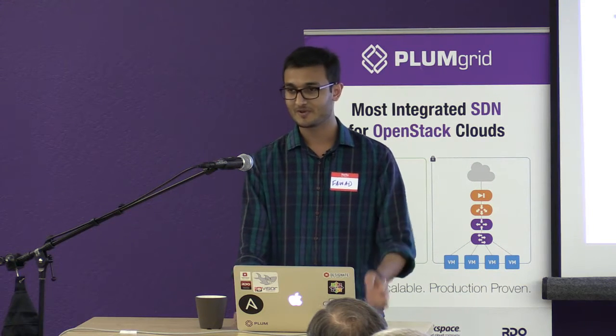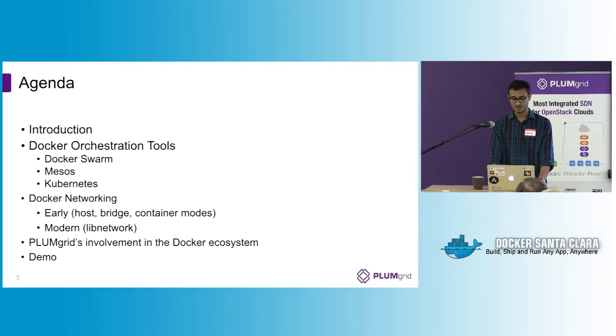So the agenda for the presentation on Docker networking is that I'll briefly introduce what Docker orchestration tools are. We'll talk about Docker Swarm, Mesos, and Kubernetes, with a quick overview of each of them.